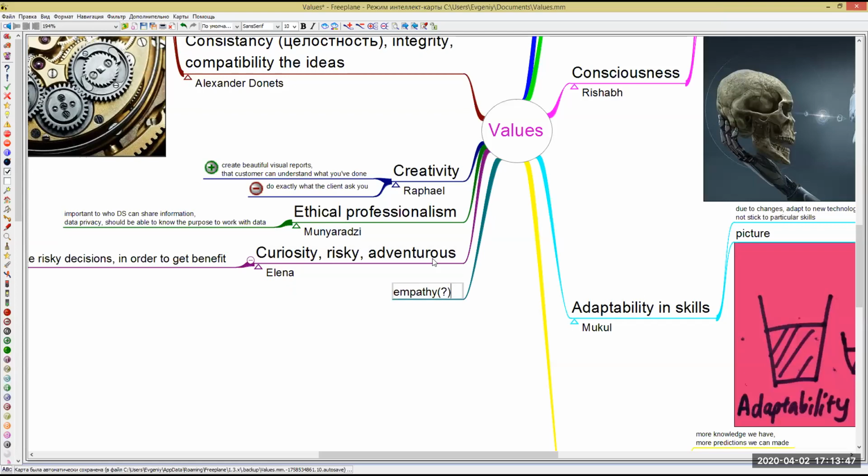But can you suggest some specific cases? Yeah, I'm trying to understand Rafael's more general point about communication. Yeah, it's communicative. And form it as a value.